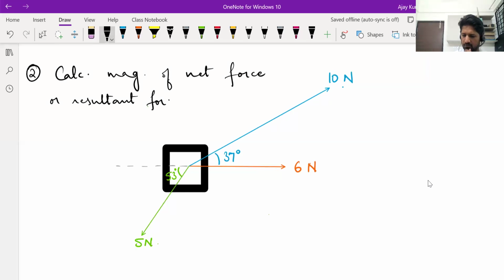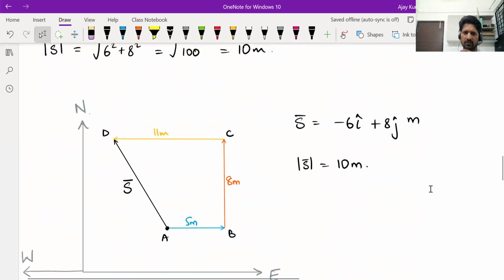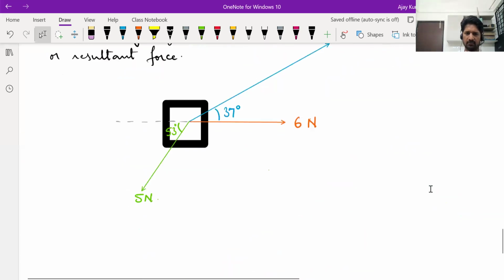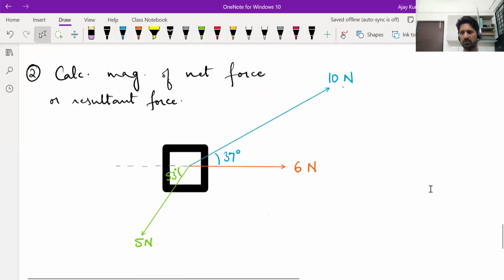The previous question was slightly easy compared to this one, because in the previous question, the displacements were strictly towards east, strictly towards north, strictly. So only I caps or J caps were there. But this time, the forces have both X and Y components. So take the components carefully. You can name the forces as F1, they're vectors, so we'll put a bar on them, F2, F3.